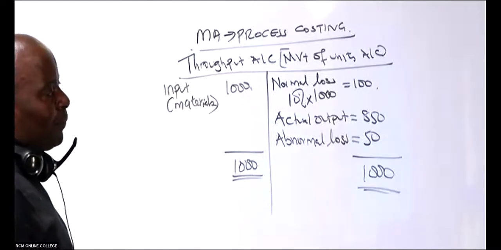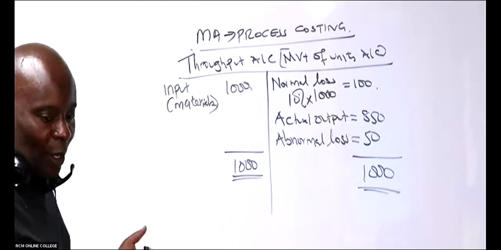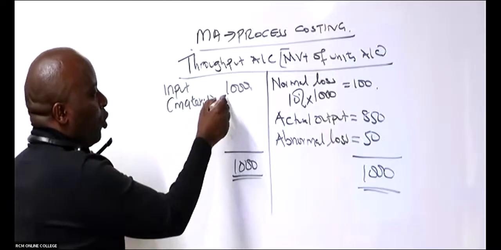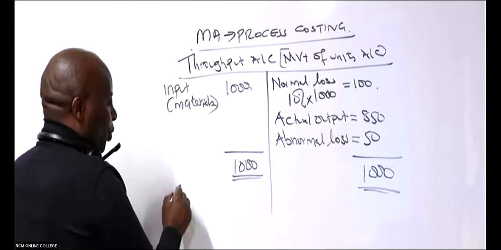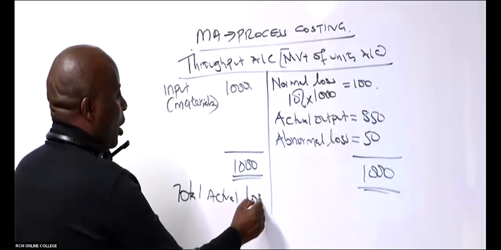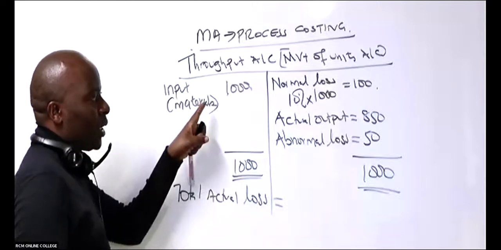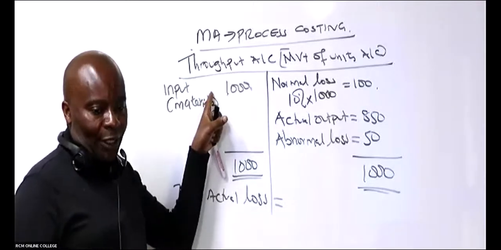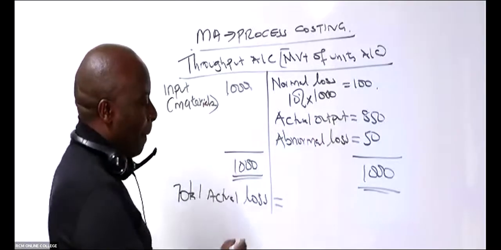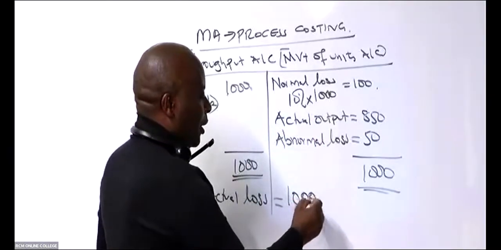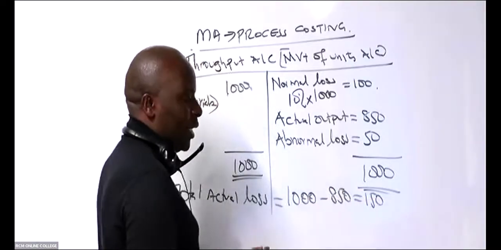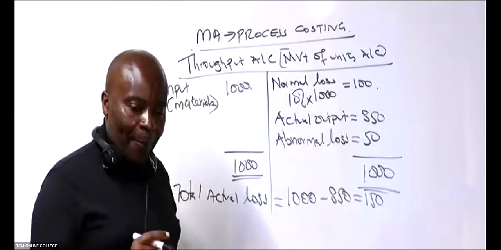50 units. Now, remember yesterday I explained that when you look at the total actual loss, into the process we put in 1,000, but we actually got 850. So 1,000 minus 850 gives me 150 as the total loss.